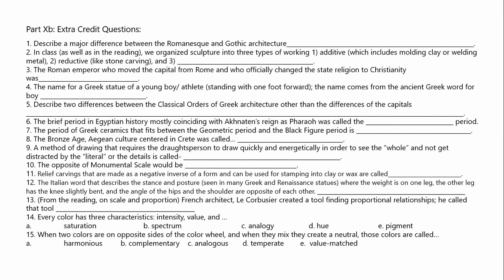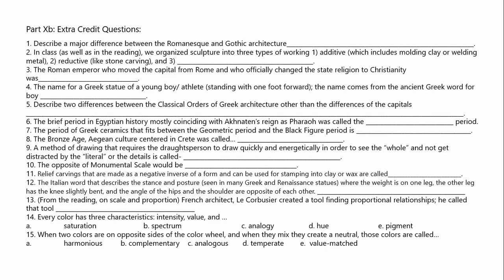All right, 3 types of working sculpture. One is additive sculpture, 2 is reductive, and 3 is cast sculpture, like bronze casting, and that's also called indirect sculpture.